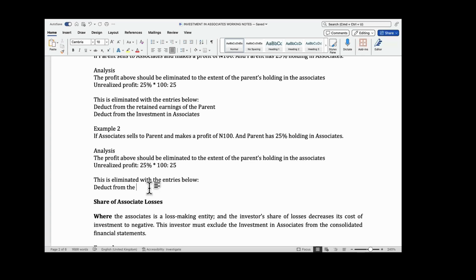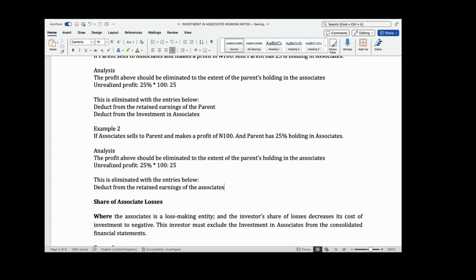Okay, good enough. You guys tried. So retained earnings first. In this case, we will deduct it from the retained earnings of the associates. So the person that said investment in associates is not wrong, but let's just deduct it at source before we take our share in the associates' profits.